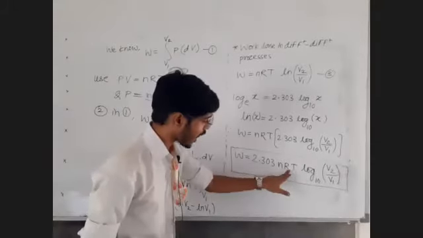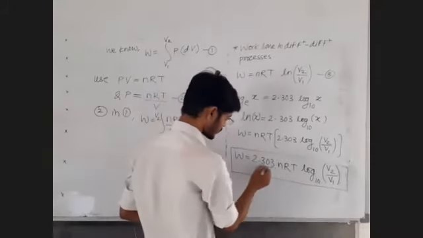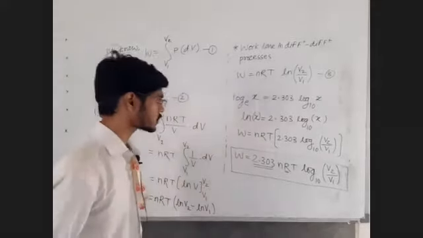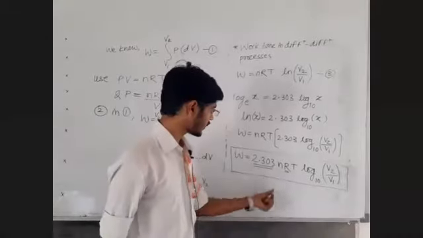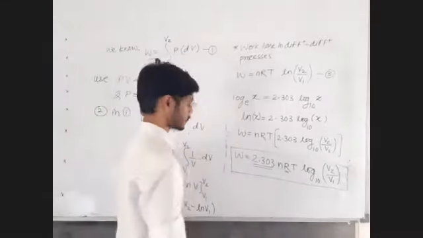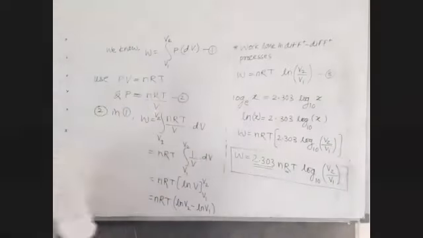2.303 into r, these are going to be constant things. Okay, so just pull up the calculator and just calculate it. 2.303 into 8.314, try to do the exact calculation.